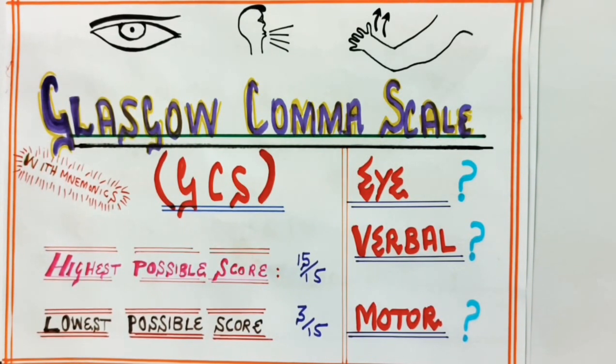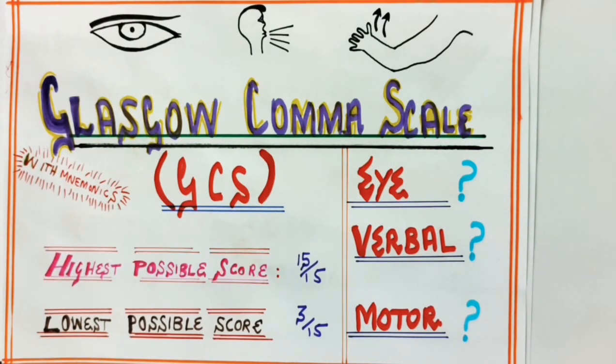We add up the eye score, verbal score, and the motor score, and if we get a score of 8 or less than 8/15, that indicates an urgent need for intubation, because at that moment the patient is critical and on the verge of decline. So you need to save the patient and intubate him or her right away.